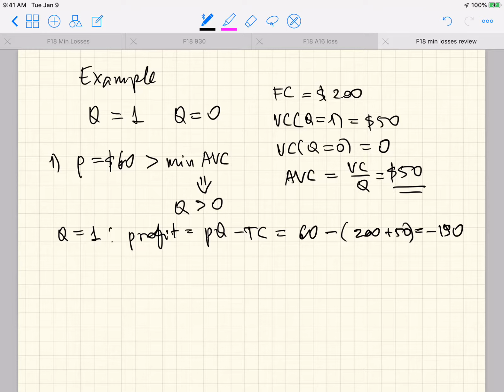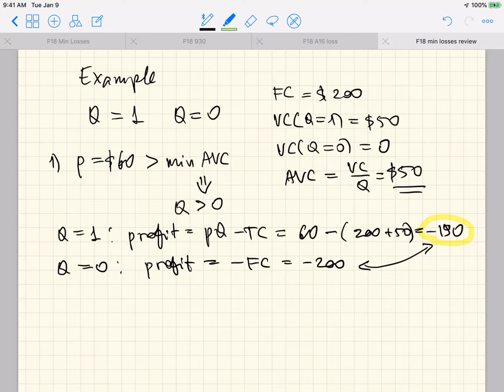All right, that's not nice, but if we compare it to keeping the truck idle, then we'll see that profit will be equal to negative fixed cost, which is minus $200. So out of these two choices, this one is better. It's a lesser evil, right?